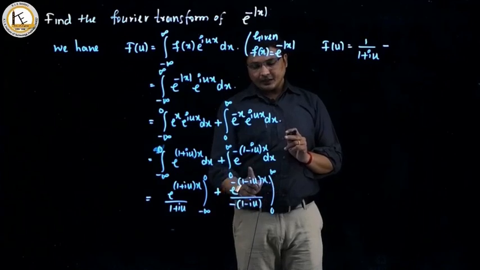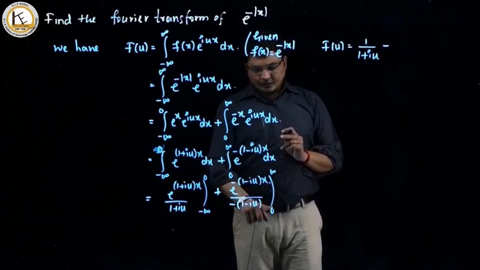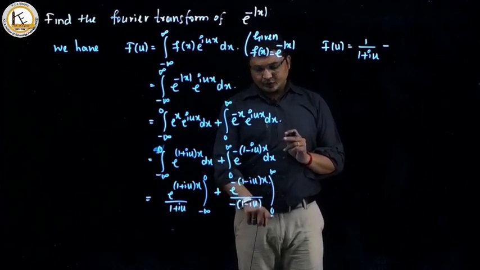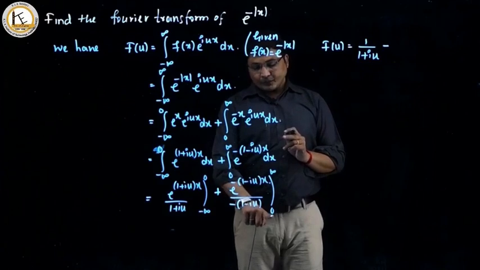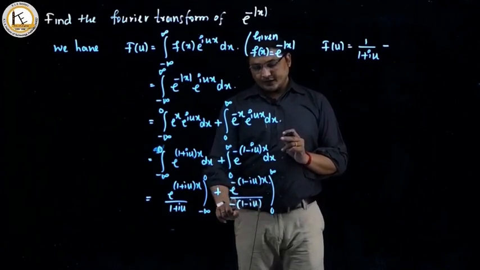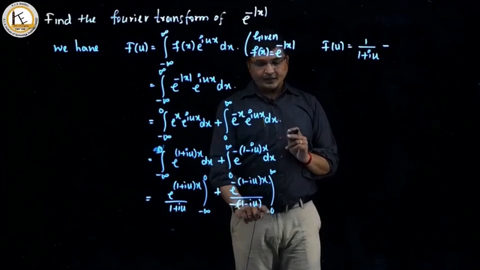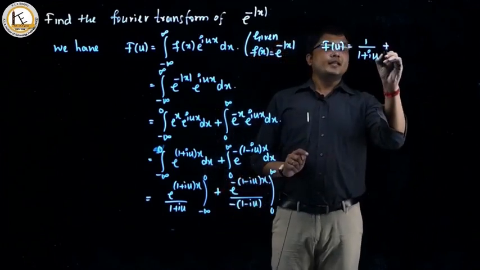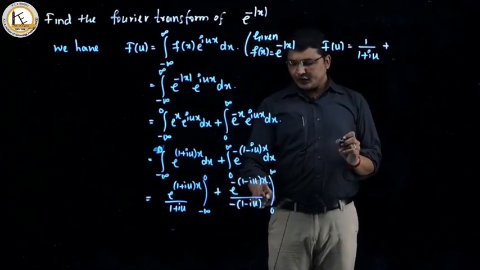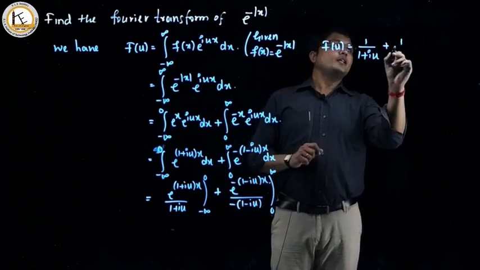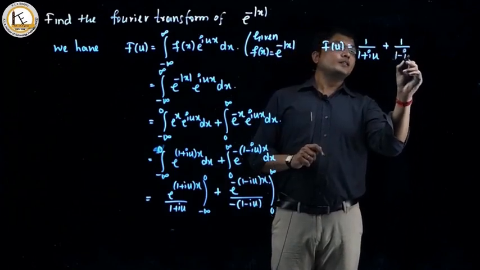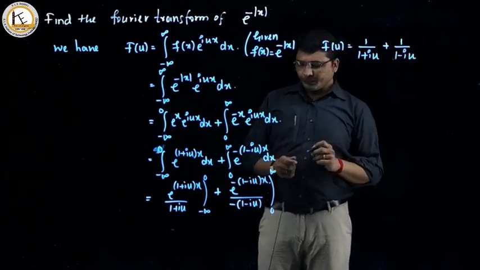And coming to the next term, upper limit is infinity, so e raised to minus infinity again becomes 0, because there is a minus sign here, and when you put x as infinity it becomes e raised to minus infinity, which will be 0. Therefore for the upper limit the function becomes 0.